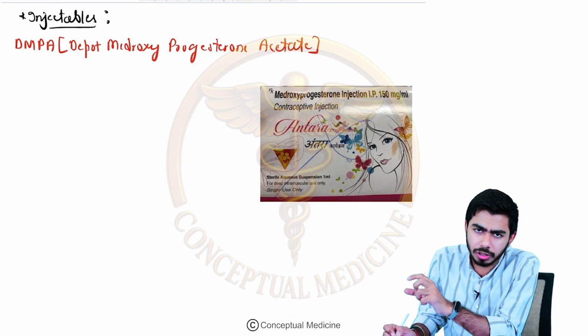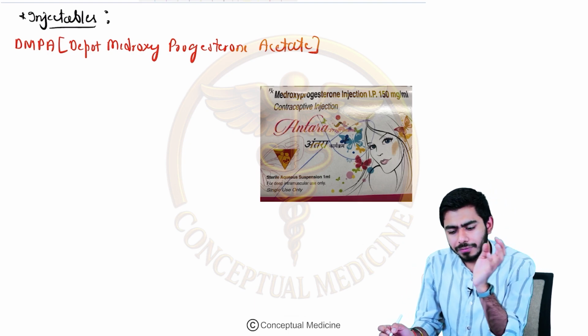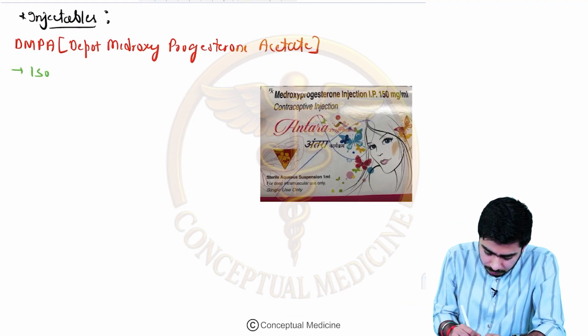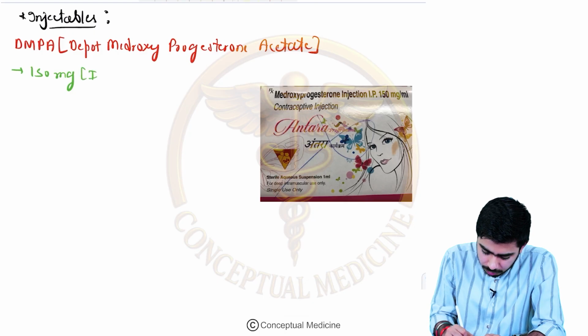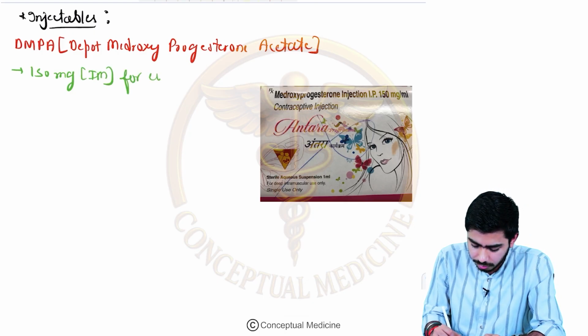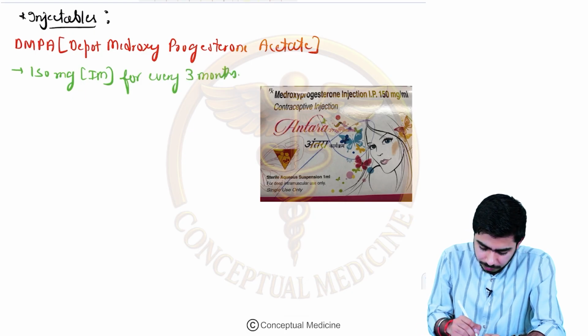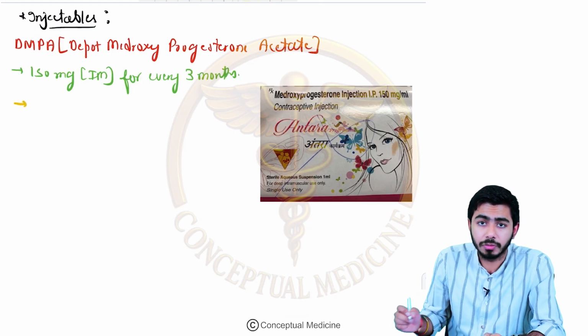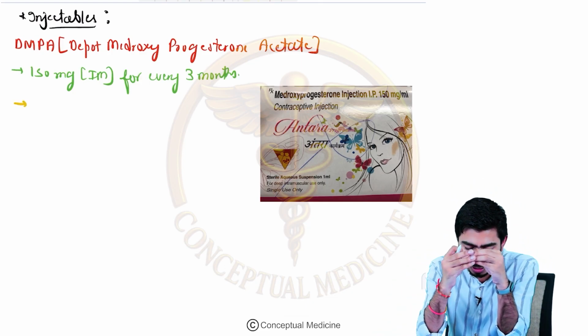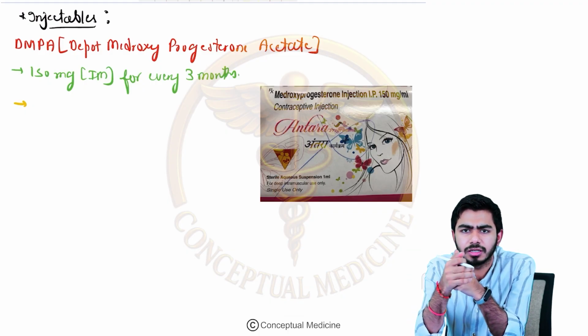It is given intramuscularly every 3 months. This is the 150 mg dose, in intramuscular form, given every 3 months. Government of India is supplying this. Initially they released these injections and named it Antra basically.